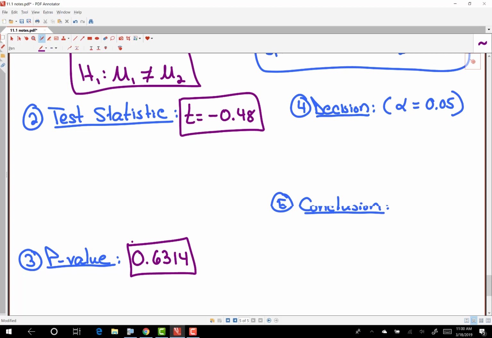And so when we compare the p-value to our alpha, we have 0.6314, which is obviously greater than 0.05, so we will fail to reject H0.